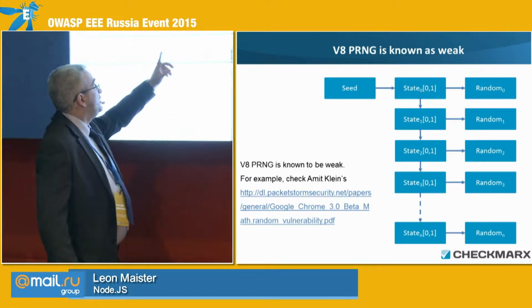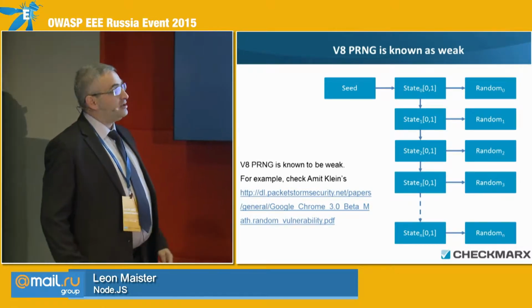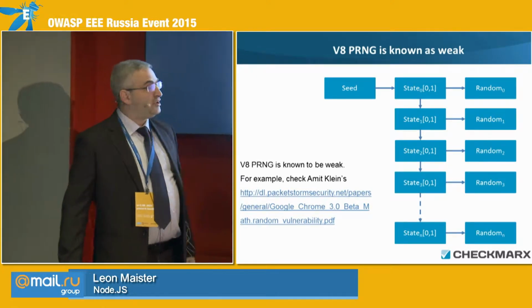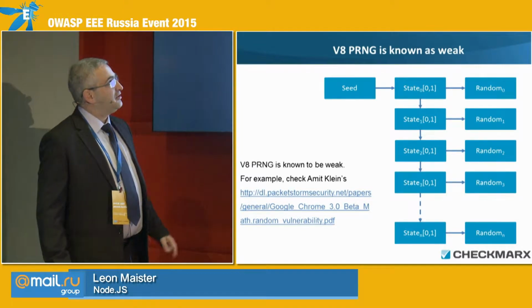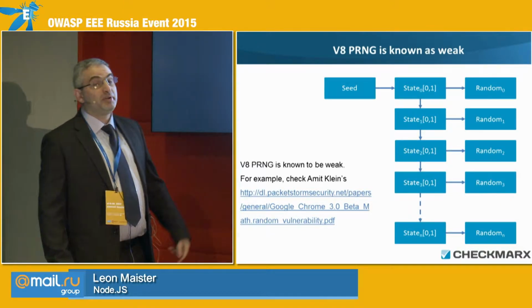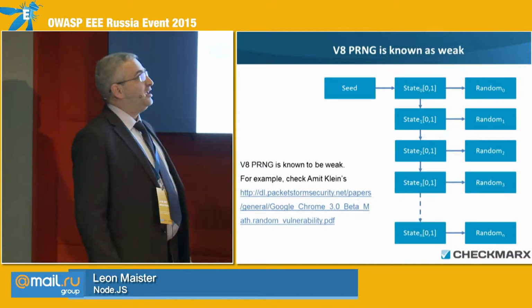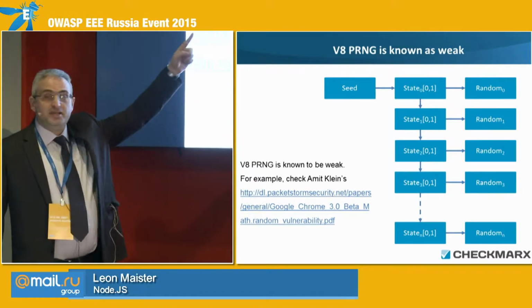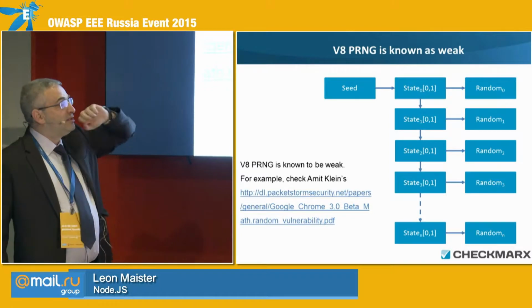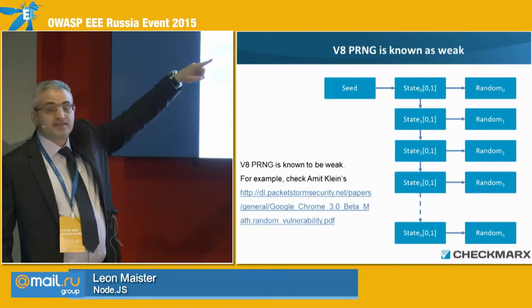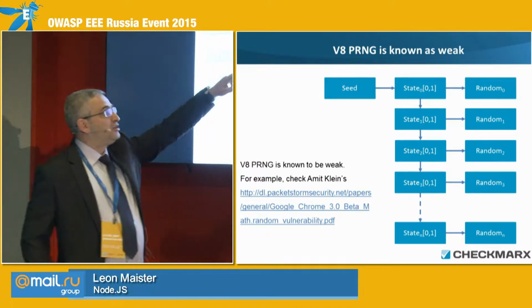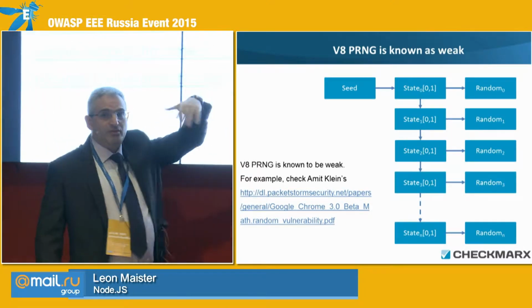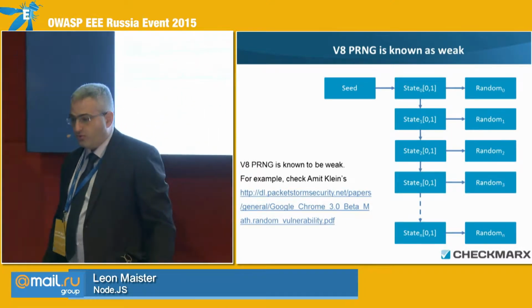But the problem is that Israeli researcher Amir Klein a few, two or three years ago detected that this algorithm is breakable. You cannot compute the state from any single random number, but if you have 3 states computable, you can calculate state number 4 and so forward.